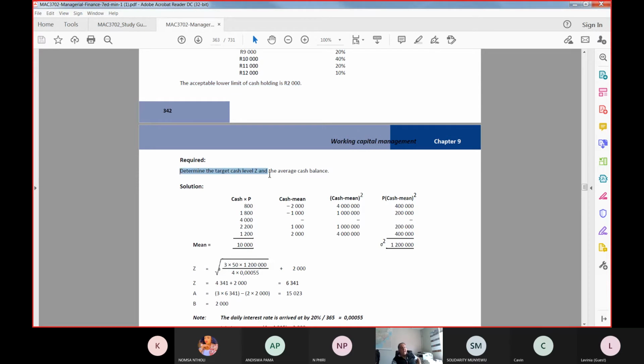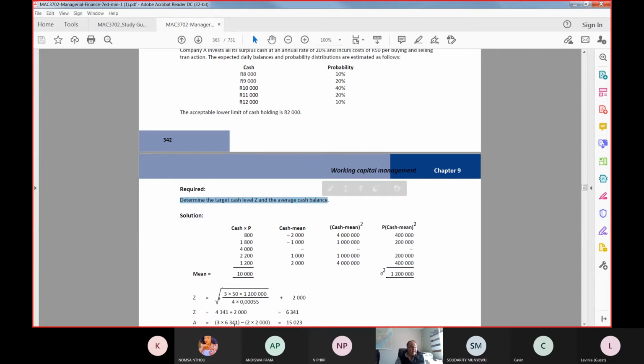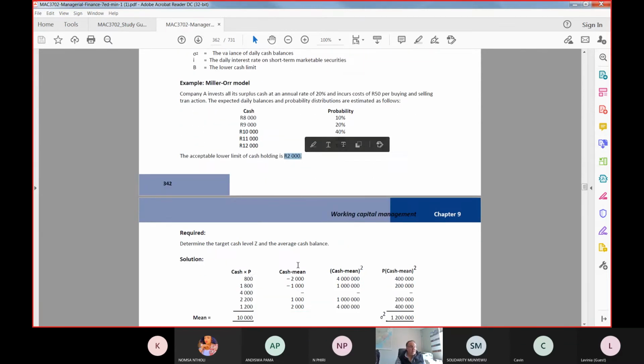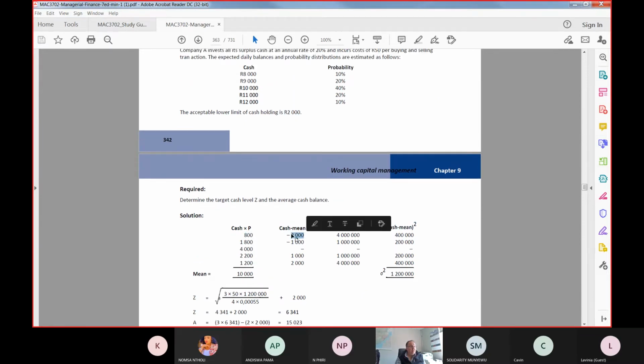The determined cash level of Z is as follows. 10% of 8,000 Rand, 20% of 9,000. Remember, you must have a 2,000 Rand limit all the time. That means the cash need you require is 2,000. Why do I say 2,000? Look at this.